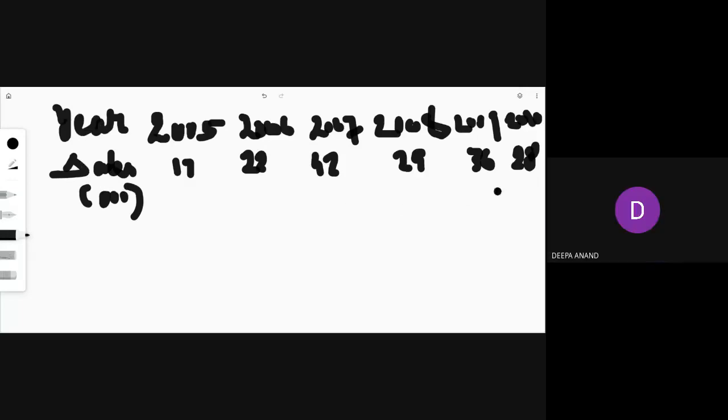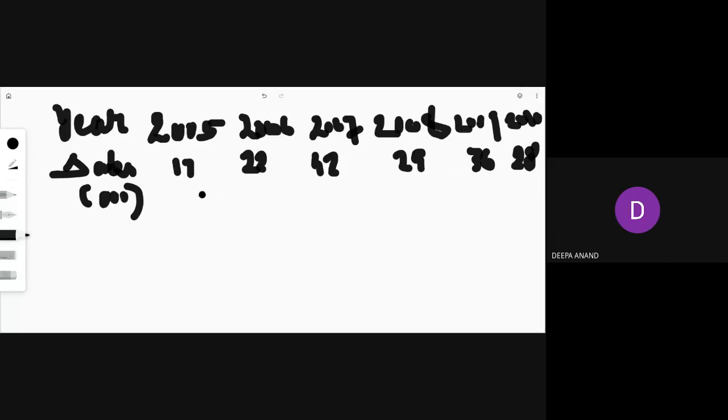That means if a particular variable is given at different points of time, you have to understand that the most suitable graph is a time series. Even though it is not mentioned, you have to prepare it seeing the different periods of time, whether one variable or two variables.